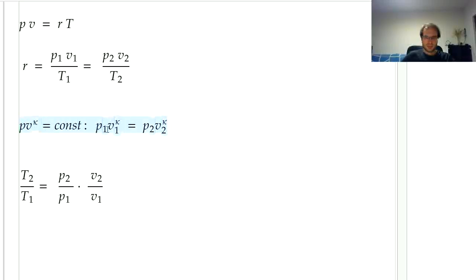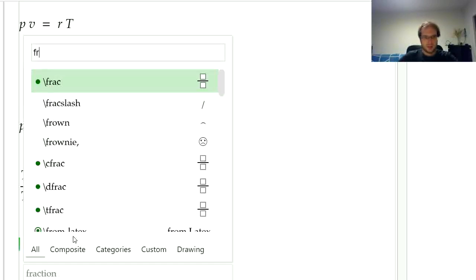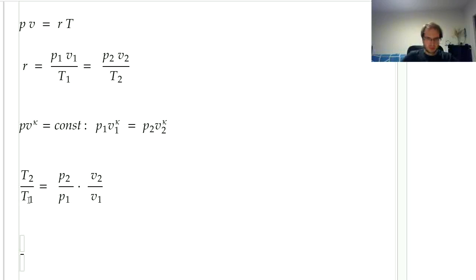Now we can take this equation of the reverse adiabatic change, or isentropic change, and we can write that P1 over P2 will be V2 over V1 raised to the kappa.